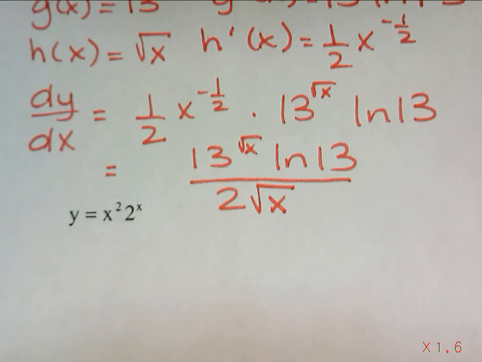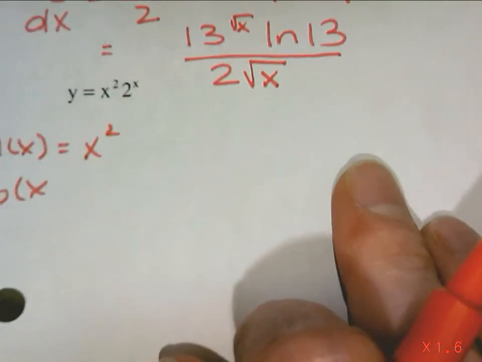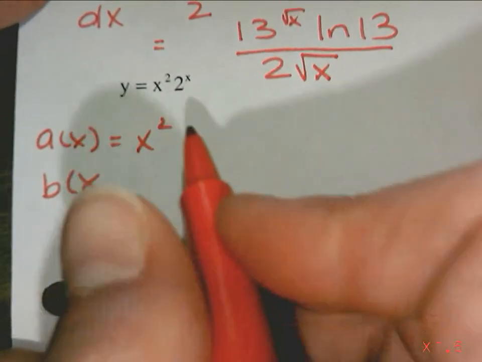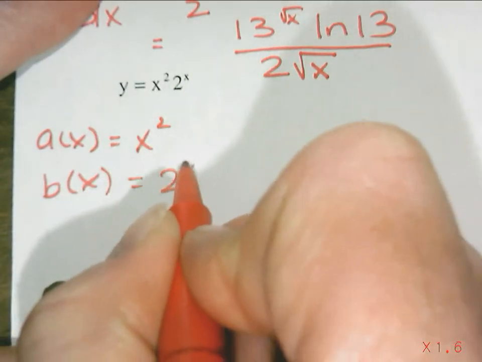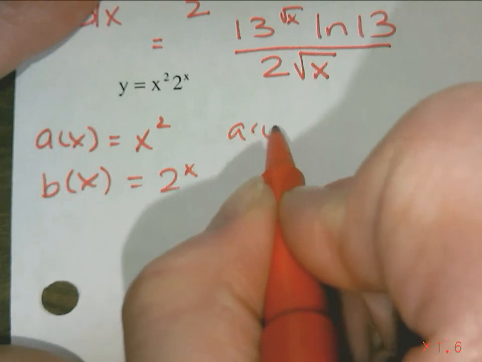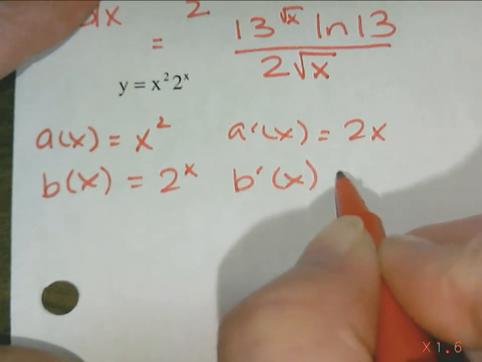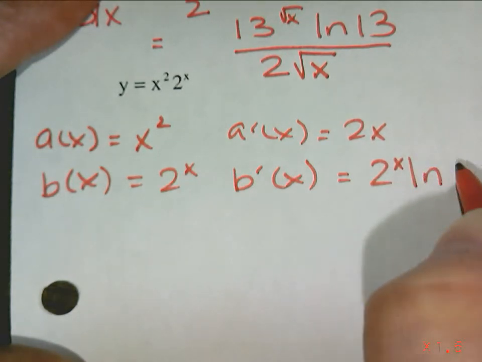This proves helpful in our last example when we're looking for the product rule. So we can say that a of x is x squared and b of x is 2 to the x. A prime of x is equal to 2x and b prime of x is equal to 2 to the x ln 2.